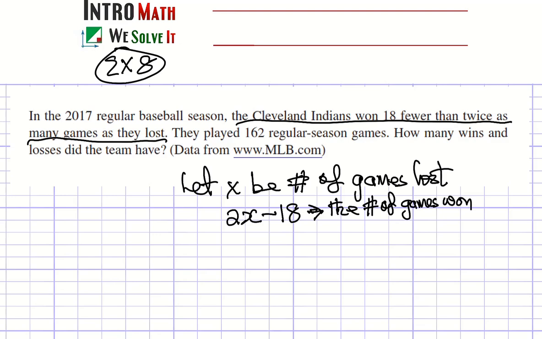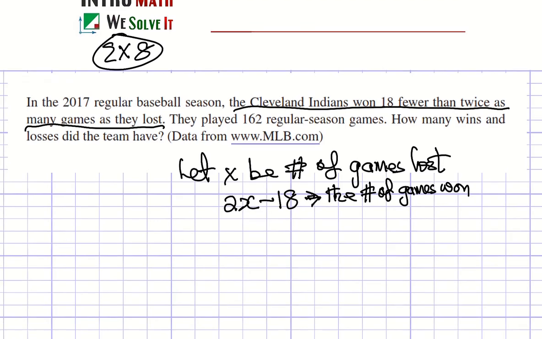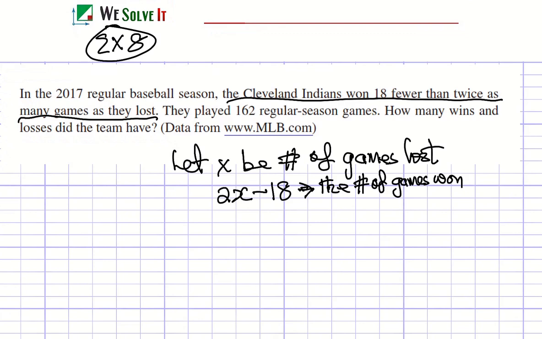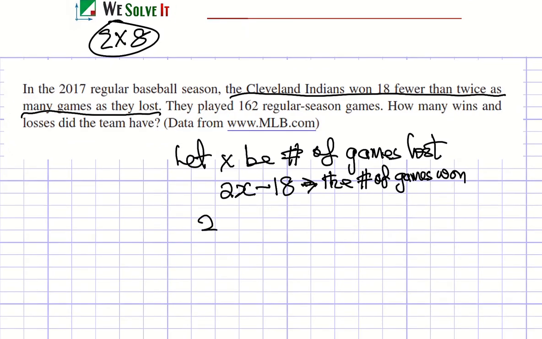And they said they played a total of 162 games, right? So that means x plus (2x minus 18) is equal to 162 games.